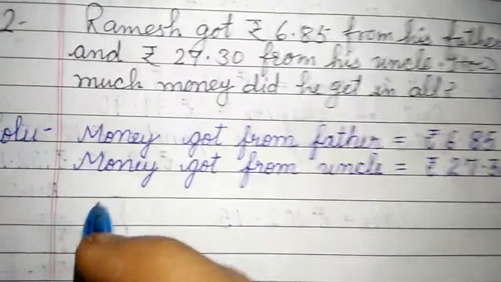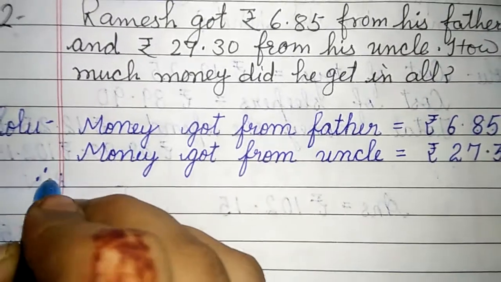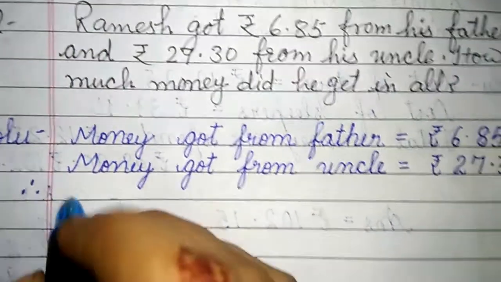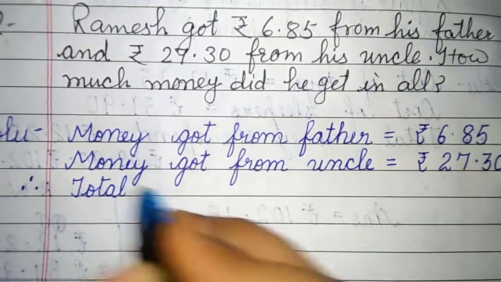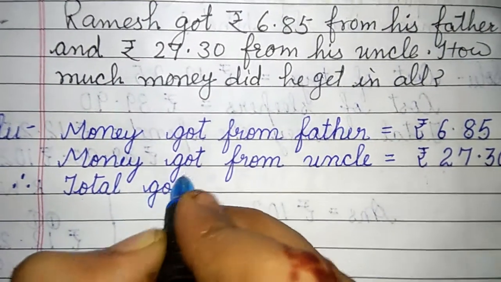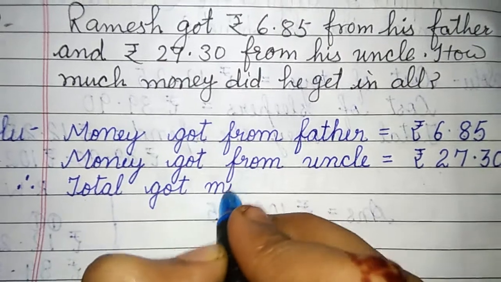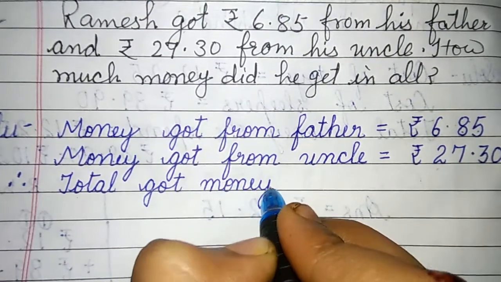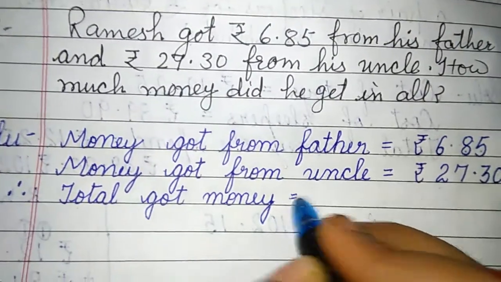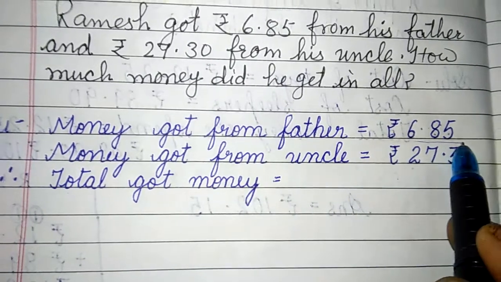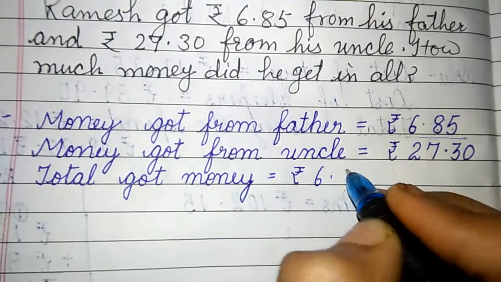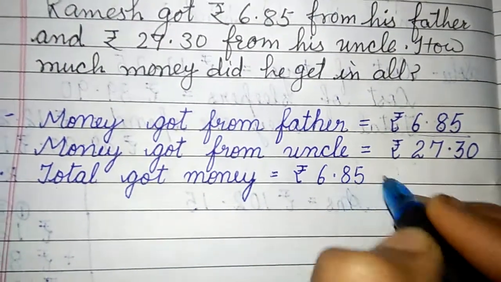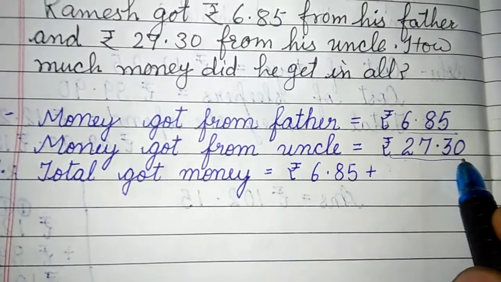Okay, so we will write here, therefore total money got. Father gave how much? 6.85 rupees. 6.85 plus how much did uncle give?